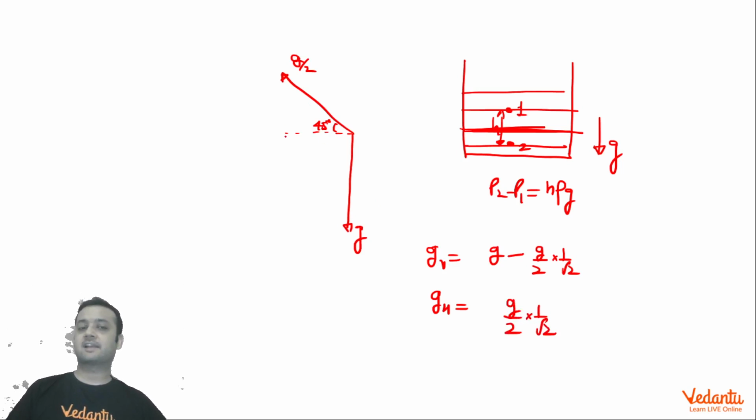So gravity in the vertical direction is this gv and in the horizontal direction is this gh.